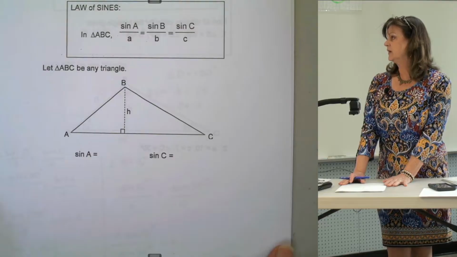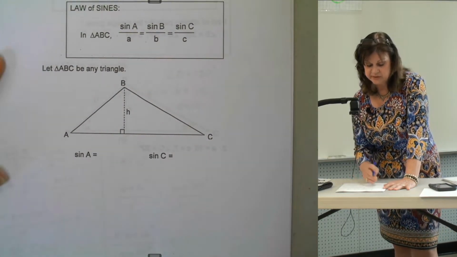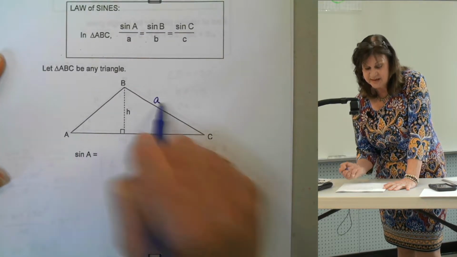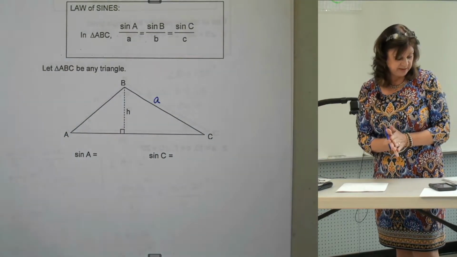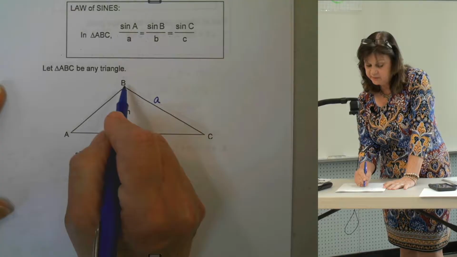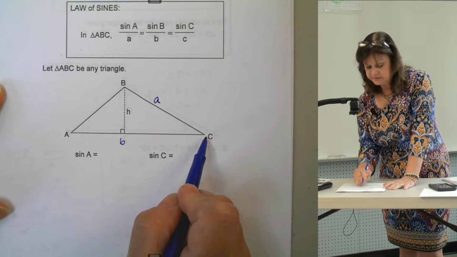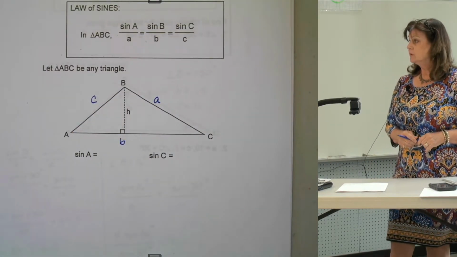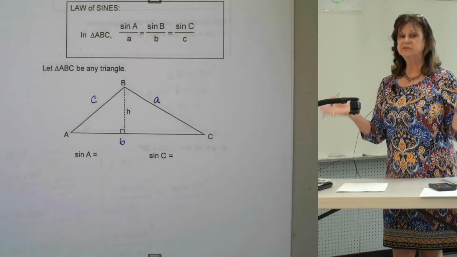We've got triangle ABC. The first thing you need to know is to label. Opposite angle A is side A. Remember, across the angle is your side length. Opposite angle B is side B, and opposite angle C is side C. The other thing you need to remember: the larger the angle, the larger your side length is going to be.